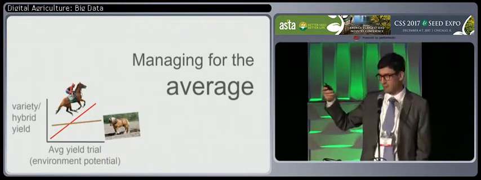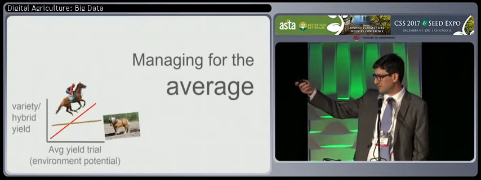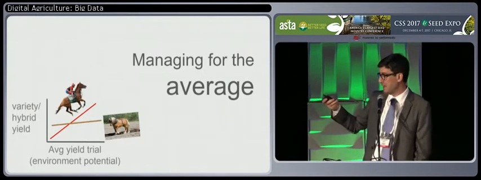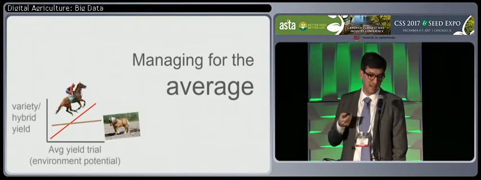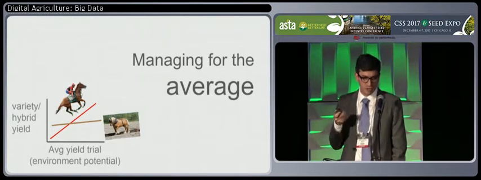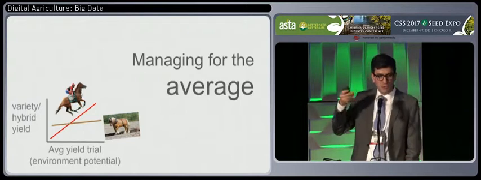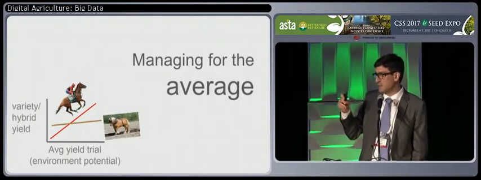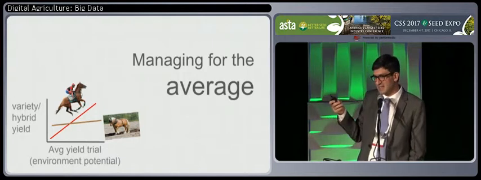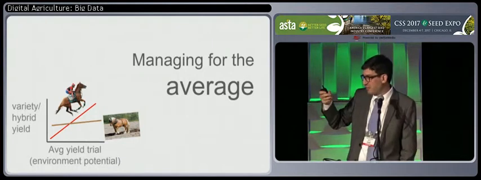What the slope is giving us is the stability of the different seed types here, varieties or hybrids. This is not a new concept, but the way in which we are thinking about this is still linked to this idea of the average. The x-axis in this case is still the average yield for that trial.